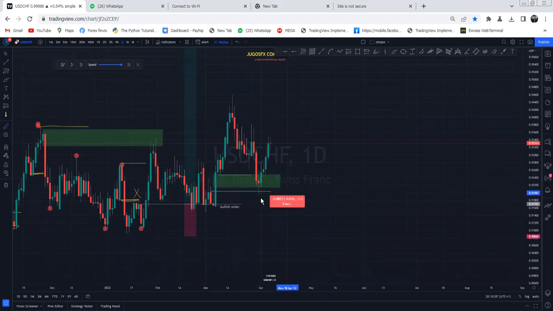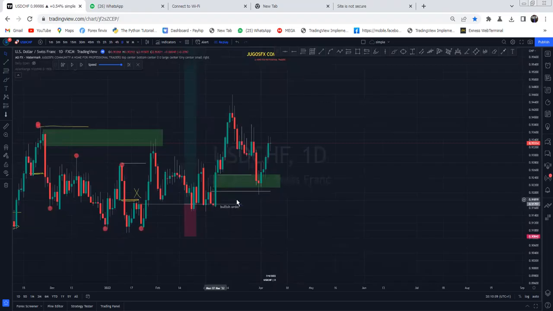Right to this other block. Why did I use this one, not this small one? Remember, the last down candle or last up candle that you are choosing as your order block should be a healthy candle, a candle with a good body, right?